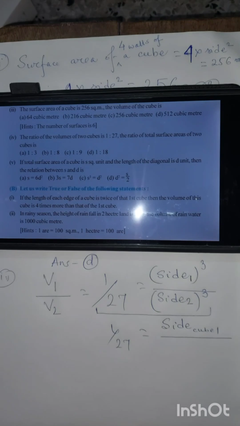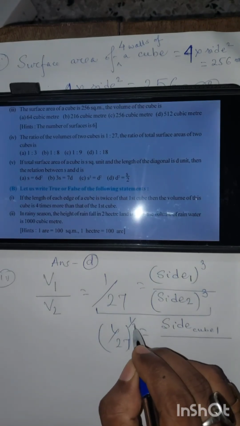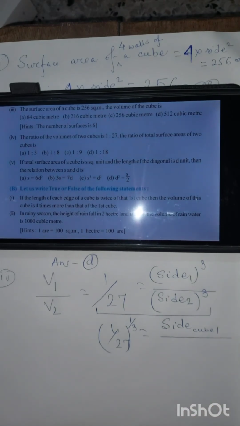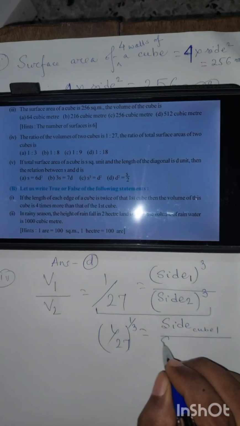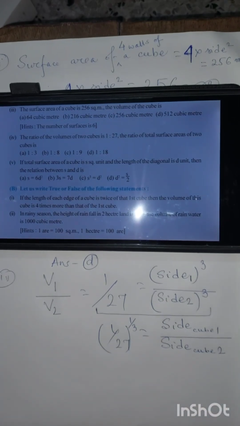So this becomes 1 by 27 to the power 1/3 and cube get cancelled. So it becomes side of cube 1 by side of cube 2. So this becomes 1 by 3.